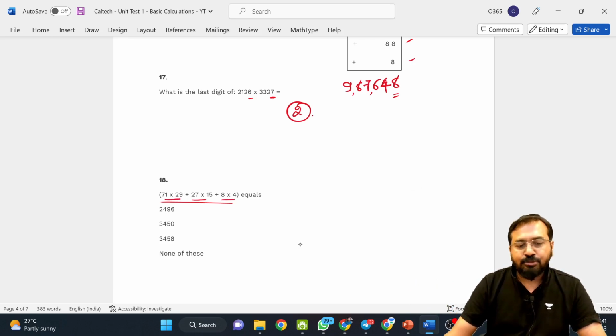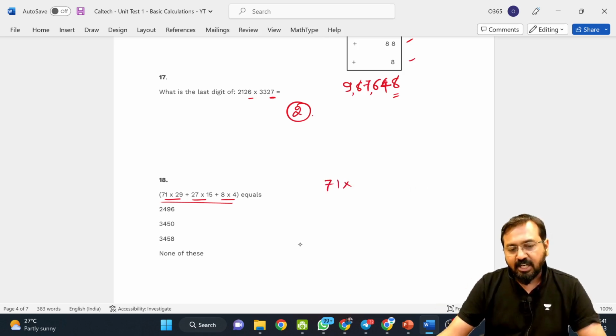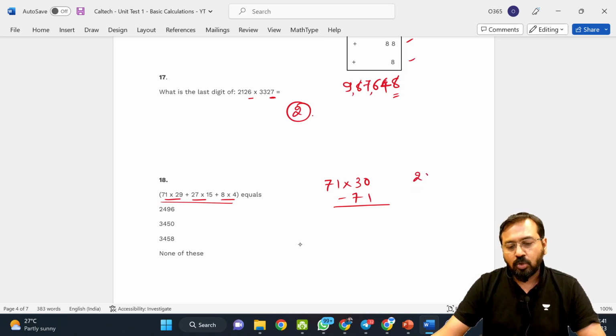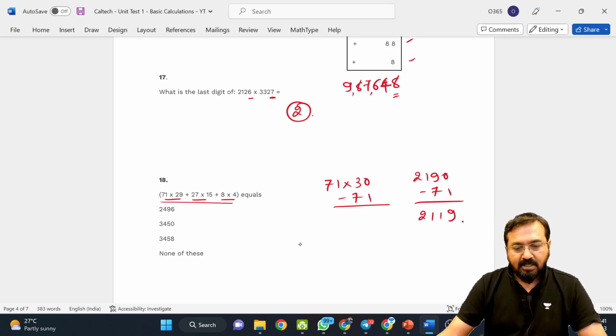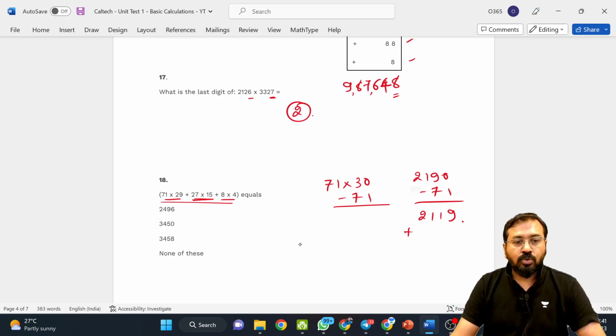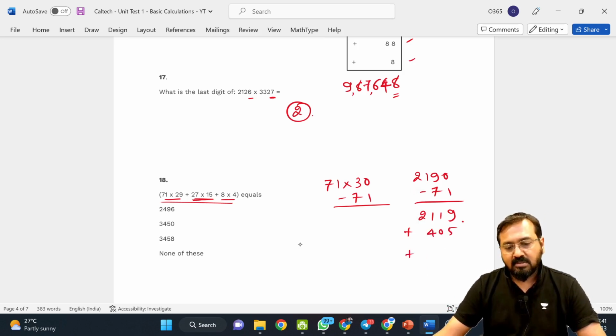So 71 into 29. Once again, what you can do is 71 into 30 minus 71. So this is a better way. So 71 threes are 2190, 2190 minus 71. So this is going to be 2119. Plus 27 into 15. This is very simple. 27 tens are 270 plus half of 270, 135. So 270 plus 135, 405. 405 plus 32.